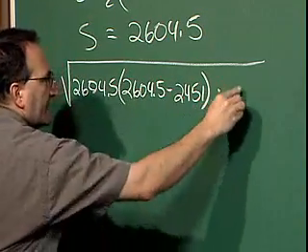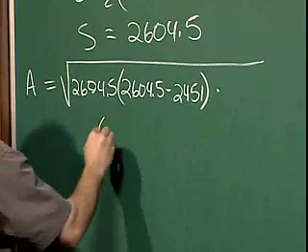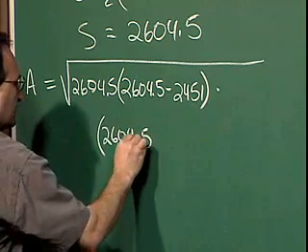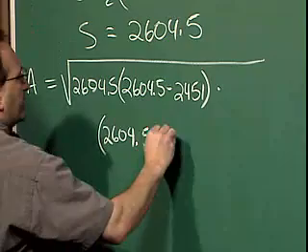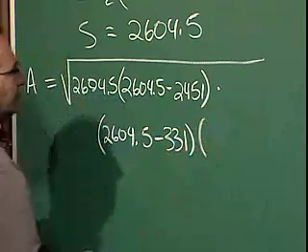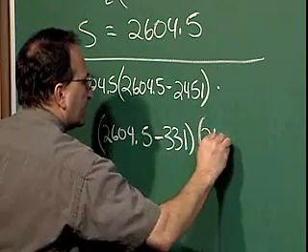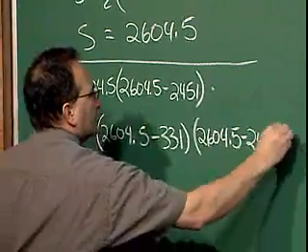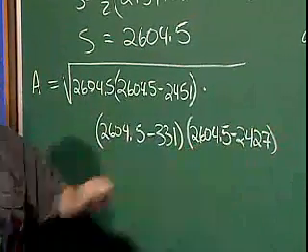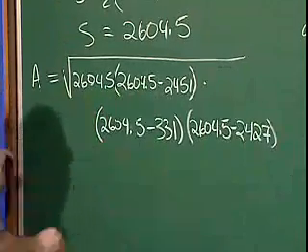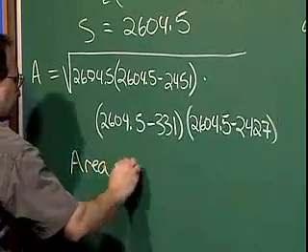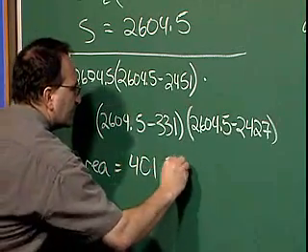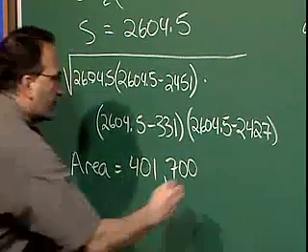Then times S minus B. So that's 2,604.5 minus 331 times S minus C, 2,604.5 minus 2,427. So realize that all of this is underneath the square root. We're multiplying all of that together. We would find that the area is going to be 1,700 square miles.